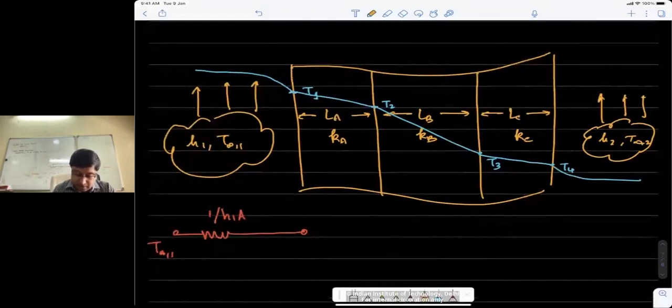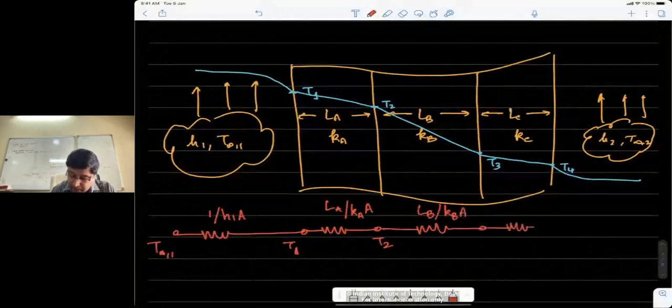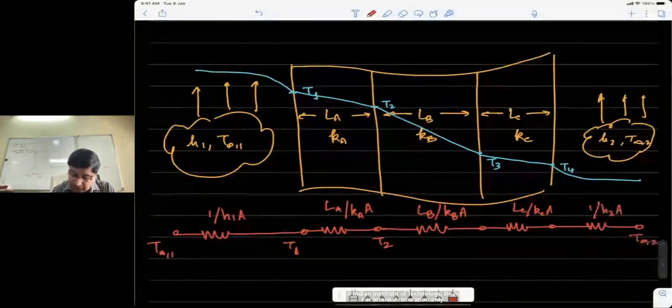So what we will now have is T1 being here. Then we have a conduction resistance going to T2. Let me write the resistance itself: La by KaA. Then we'll have another conduction resistance, Lb by KbA, and then Lc by KcA, and then we'll have 1 by h2A, T infinity 2.